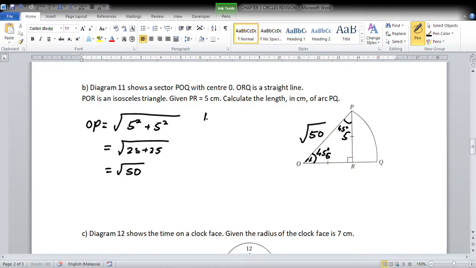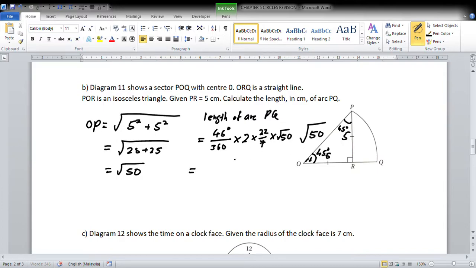So length of arc PQ will be 45 degree divided by 360 multiplied by the circumference, 2 pi r, times 2 times pi times square root of 50, because the radius is square root of 50.